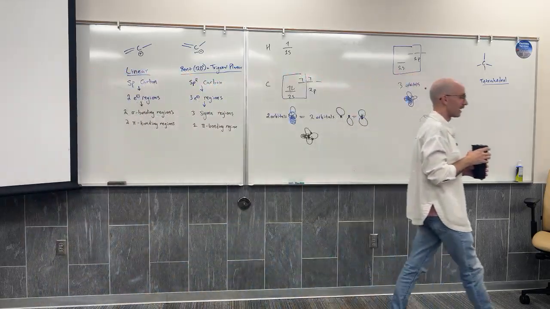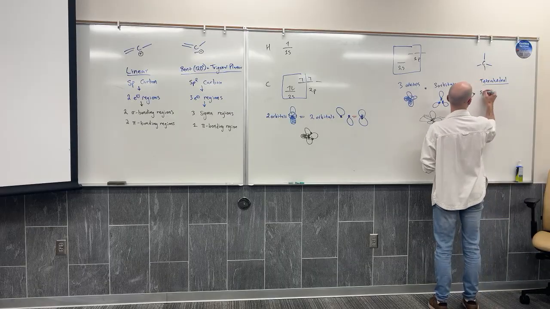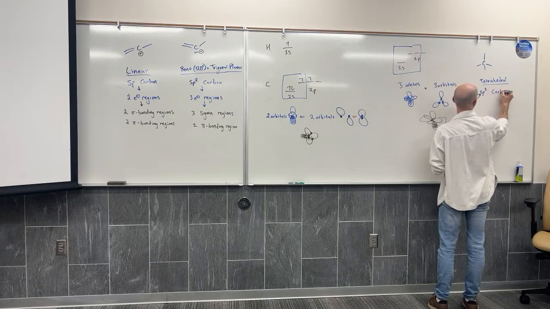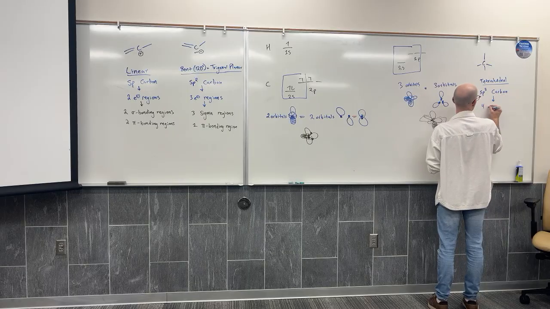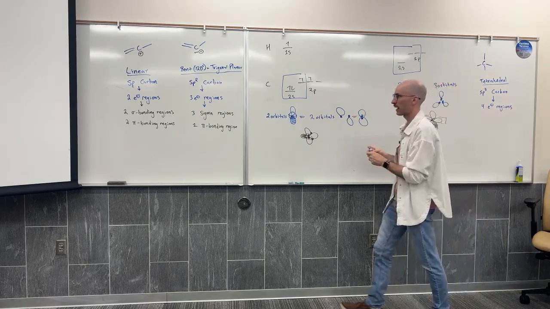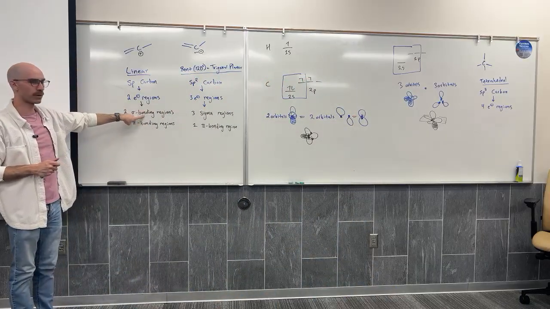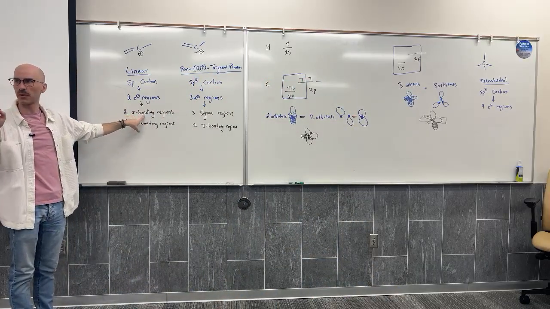Okay, in order to become tetrahedral, this atom must be sp3 hybridized. It must have 4 electron regions. I hope that you've been recognizing that the number of hybridized orbitals gives us sigma regions.